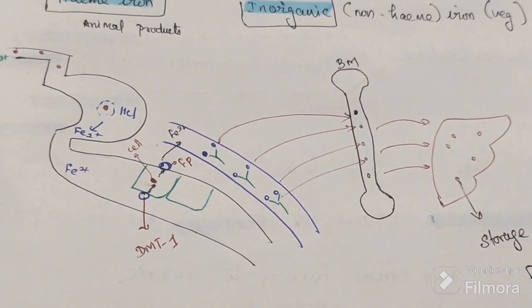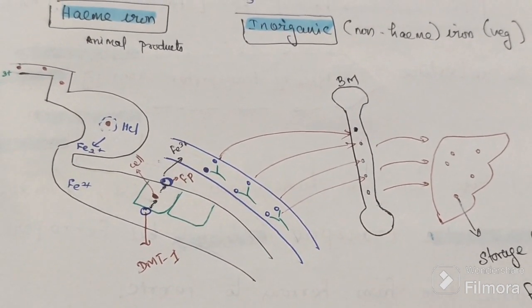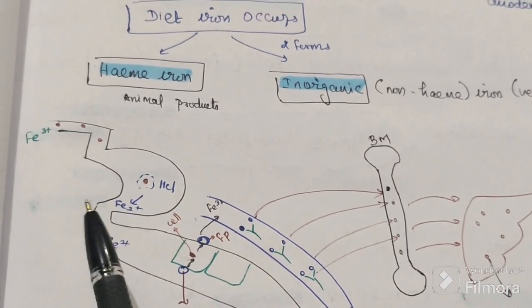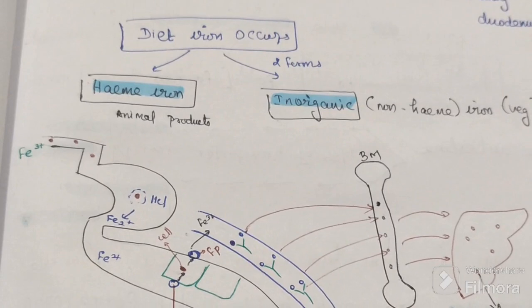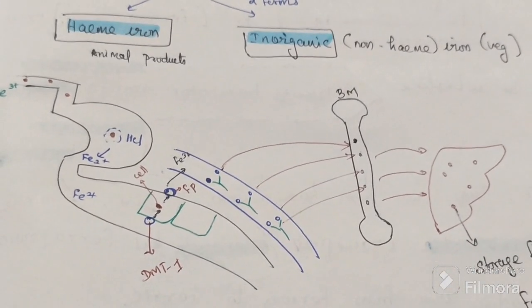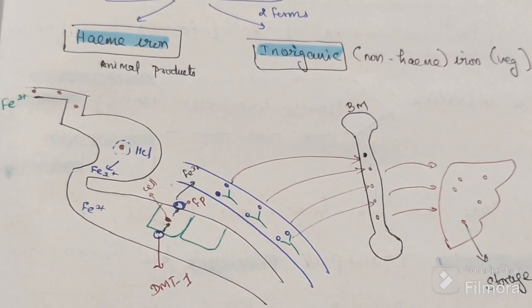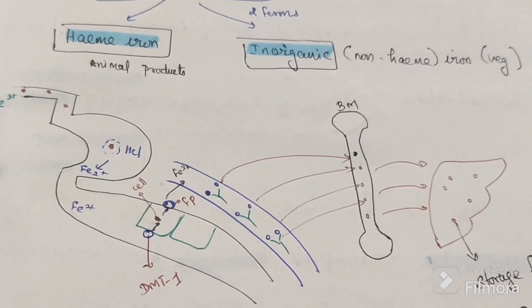Before absorption, Fe3 plus must be converted into Fe2 plus. This is the first condition: ferric form is converted into ferrous form.